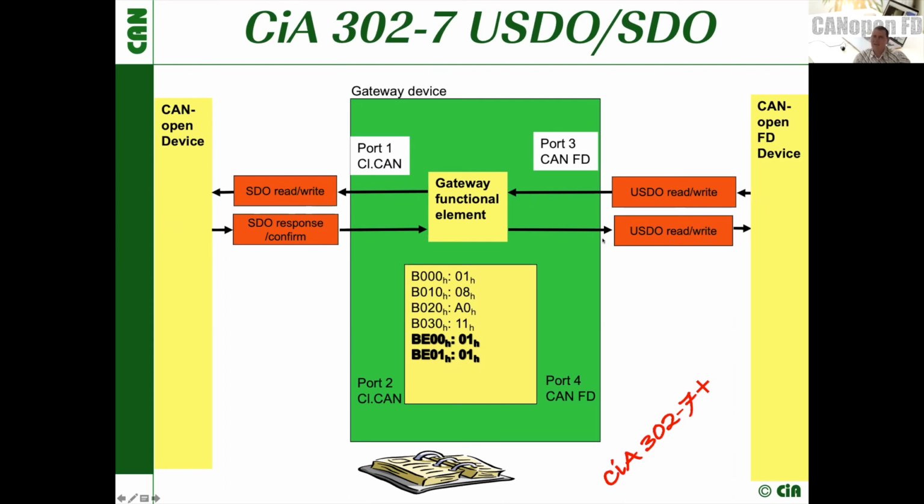And as the USDO has the same function coverage as an SDO, I can also do it the other way. I can request with a USDO something on the CANopen side. No problem for that.